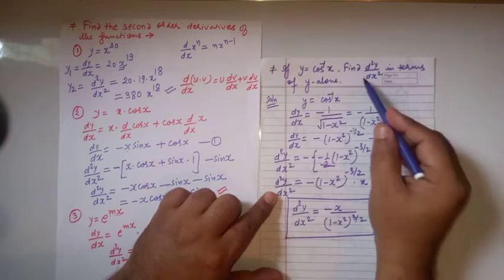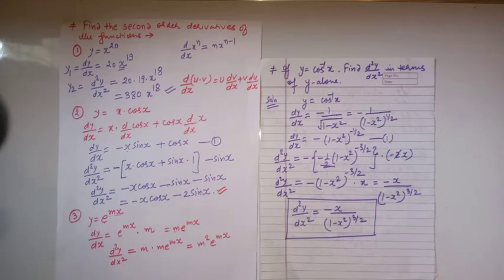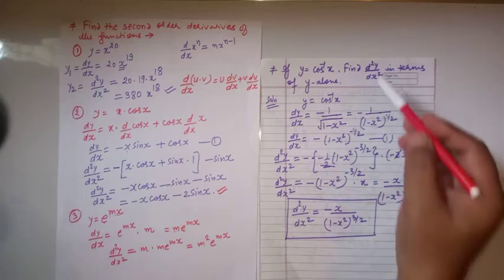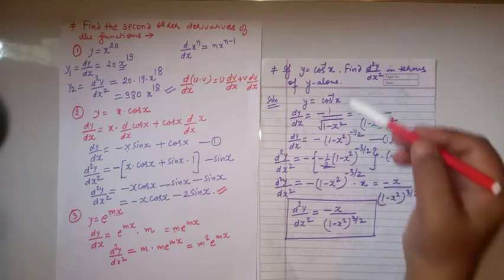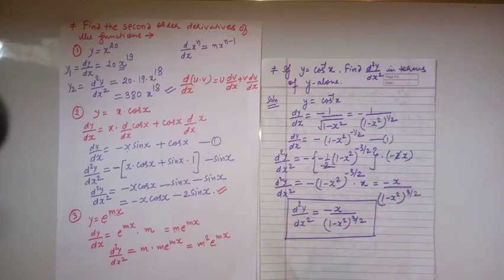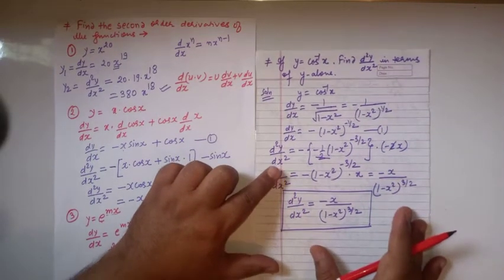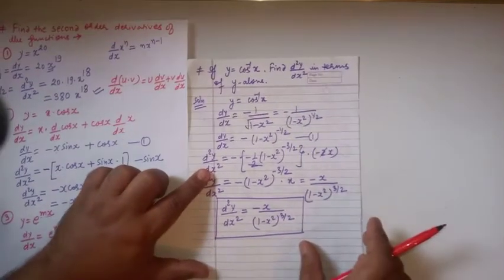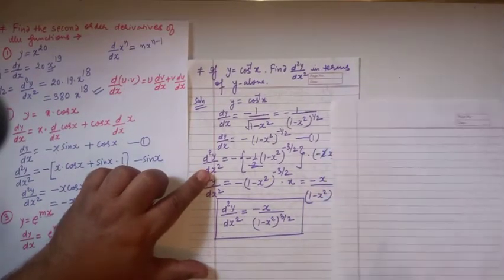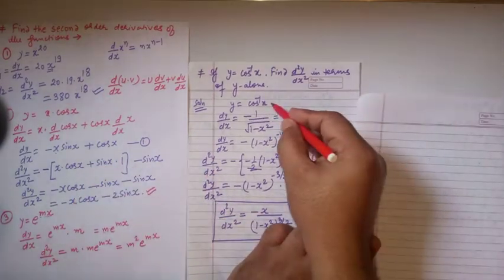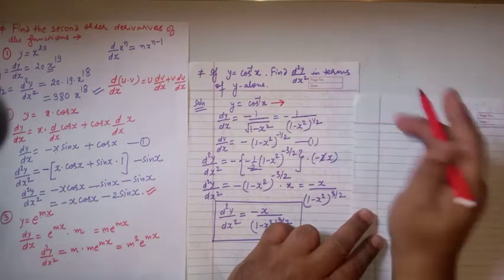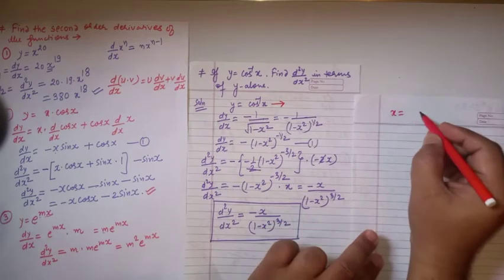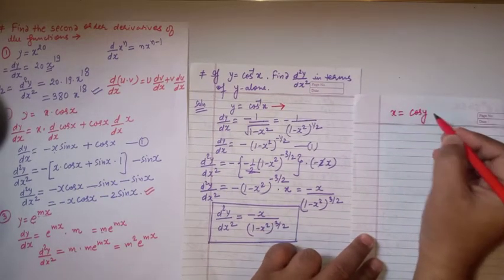But in this question we have to express d2y over dx2 in terms of y alone. So here's what we will do. From here we have x is equal to cos y.